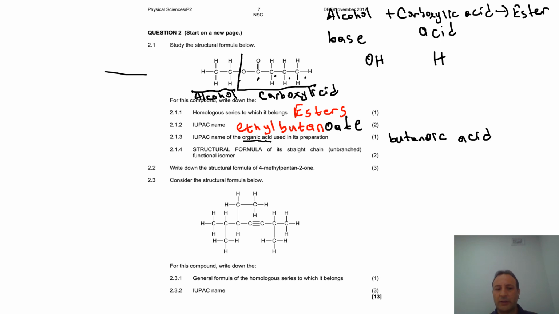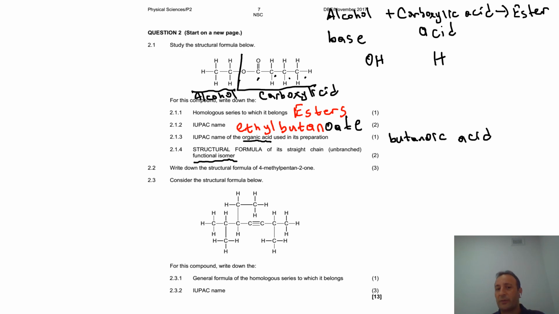Those isomers are organic compounds with the same molecular formula but different structures. We have 3 types of structural isomers. The first one is the chain isomer, the second one is the positional isomer, and the third one is the functional isomer.